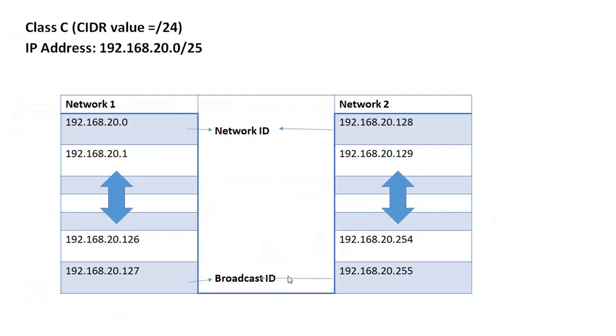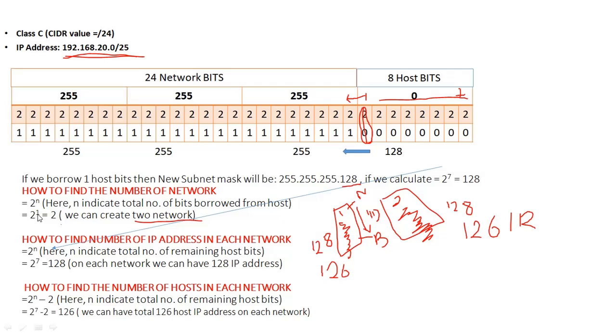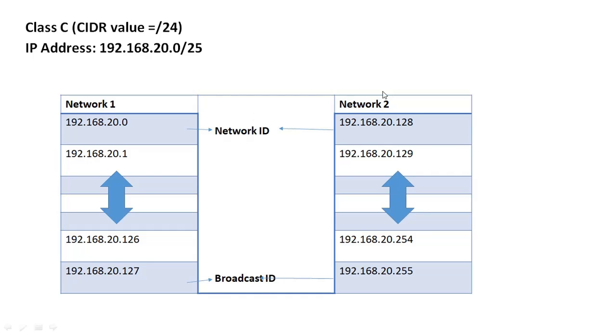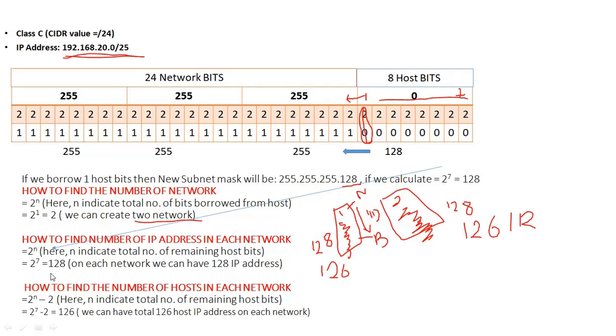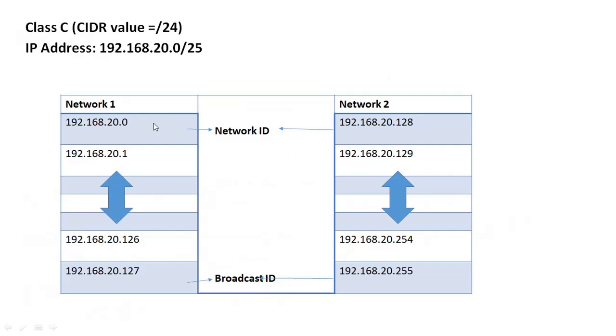Let's go to another slide. From this picture, you can clearly see we have created two networks according to our formula. From here, we can create only two networks, which we have created. And in each network, we can create 128 IP addresses. You can see I have created 128 IP addresses from 0 to 127. And similarly, in the second network, I have created 128 IP addresses from 128 to 255.